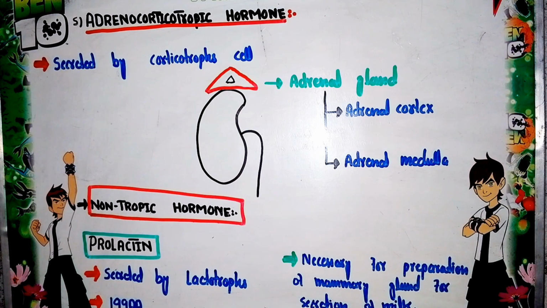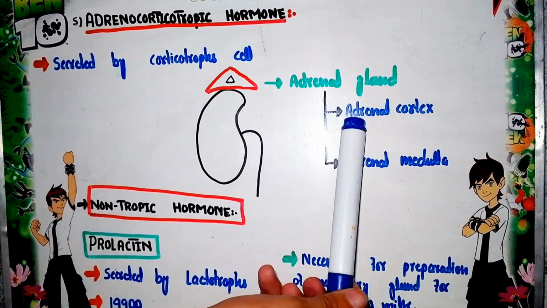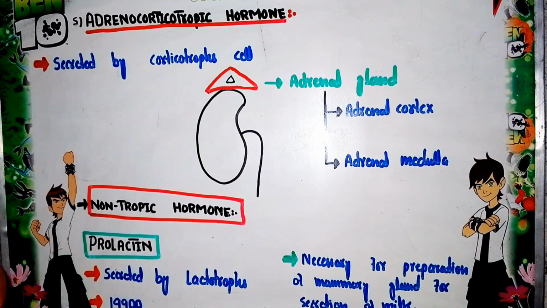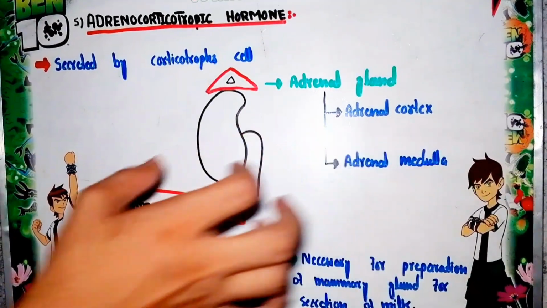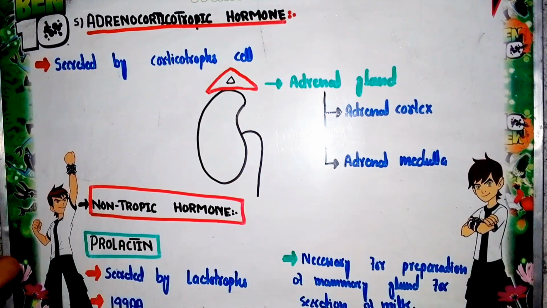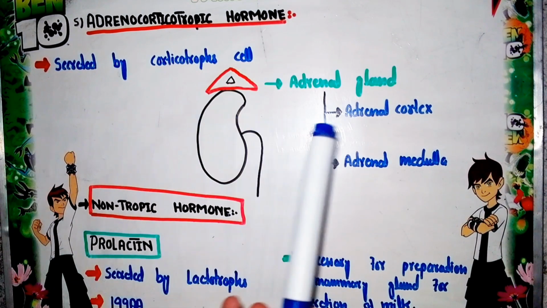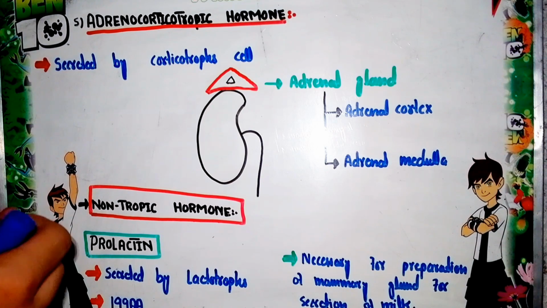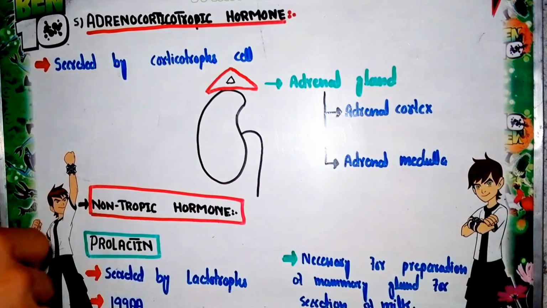The outermost region is called the adrenal cortex, while the inner one is called the adrenal medulla. This adrenocorticotropic hormone acts on the adrenal cortex, and it is responsible for the growth of the adrenal cortex and its hormones, such as glucocorticoid, mineralocorticoid, and androgen sex hormone, that are secreted from the adrenal cortex.